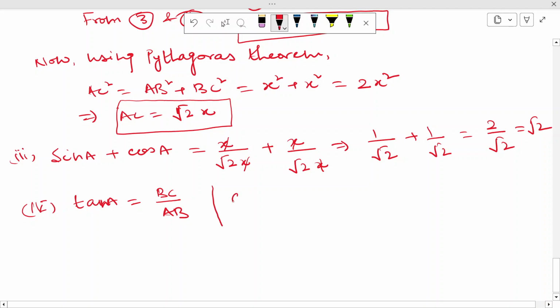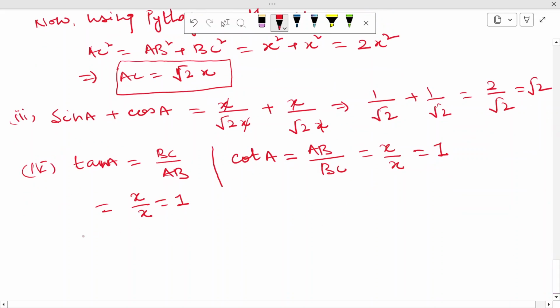Now similarly, when you consider the cot of angle A, that will be the side adjacent to angle A, that is AB, divided by the side opposite to angle A, which is BC. Now this is x over x, so this is coming out as 1, and similarly this will again be x over x, so this is coming out as 1.